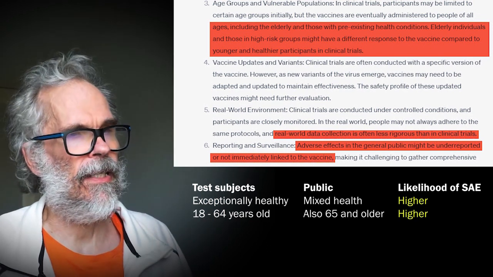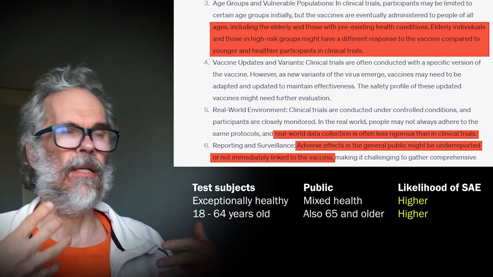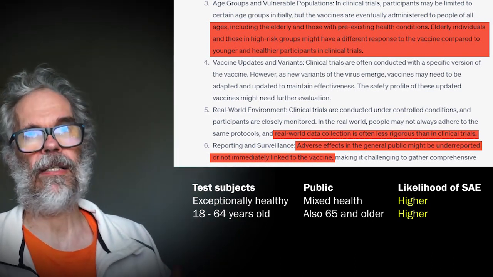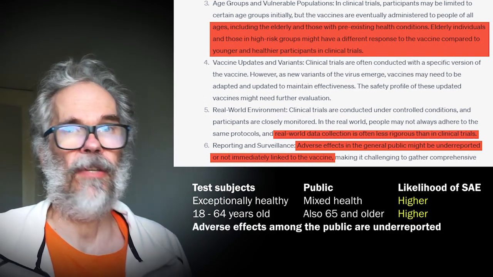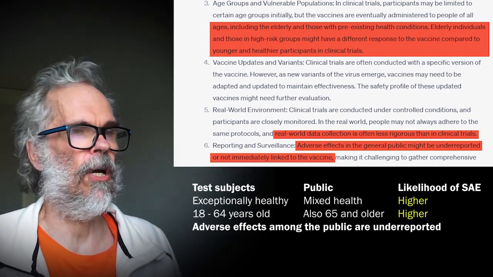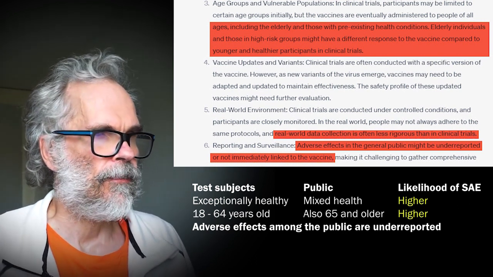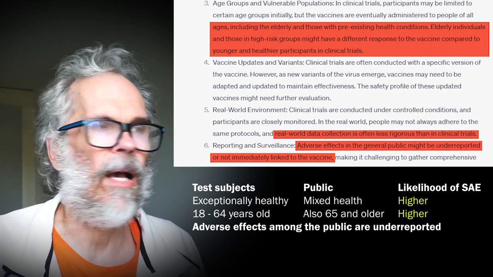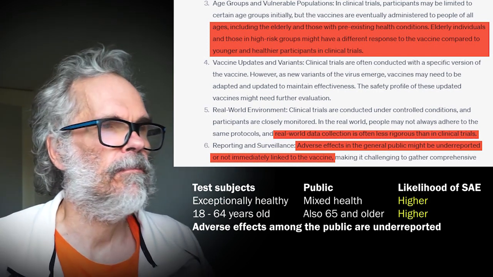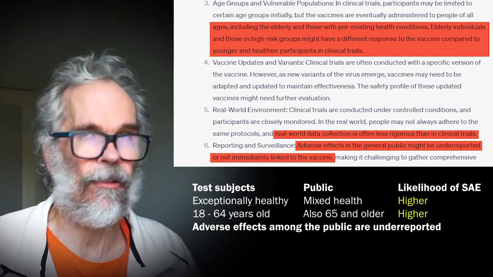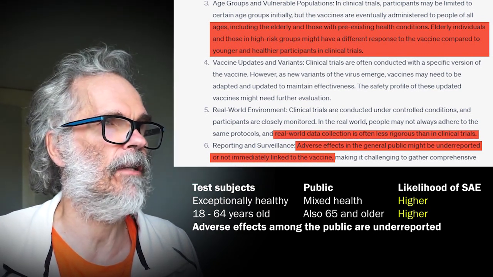At least it indicates that the records we have of adverse effects in the actual situation when the vaccines are rolled out, the number of adverse effects is actually much higher than the statistics would show. So it is quite apparent to expect more vaccine adverse reactions in the general public than during the clinical trials, the safety trials.